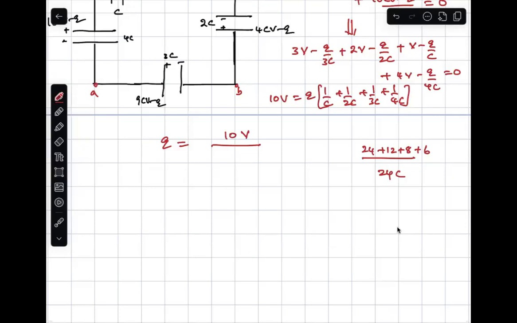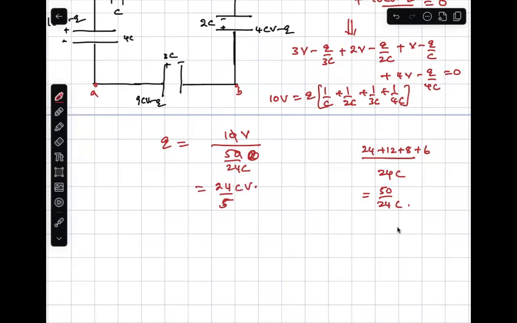Good. How much is this? 50 by 24C. So this is 24 by 5. Oh, Q is equal to, one minute, something is wrong, below it is CV.